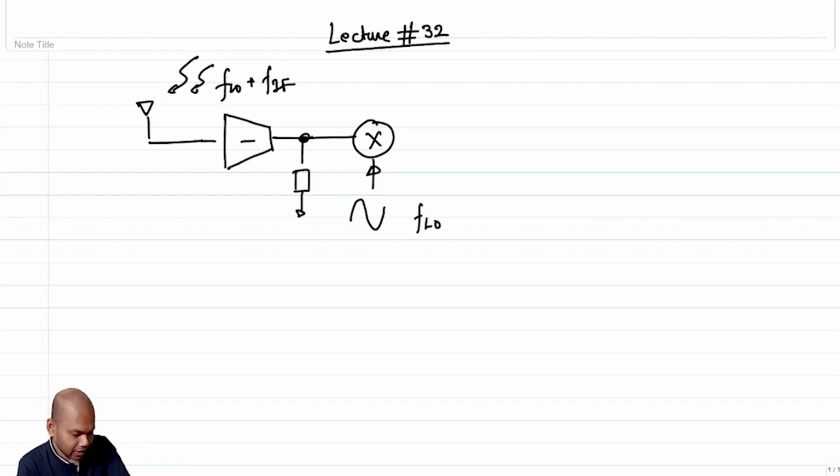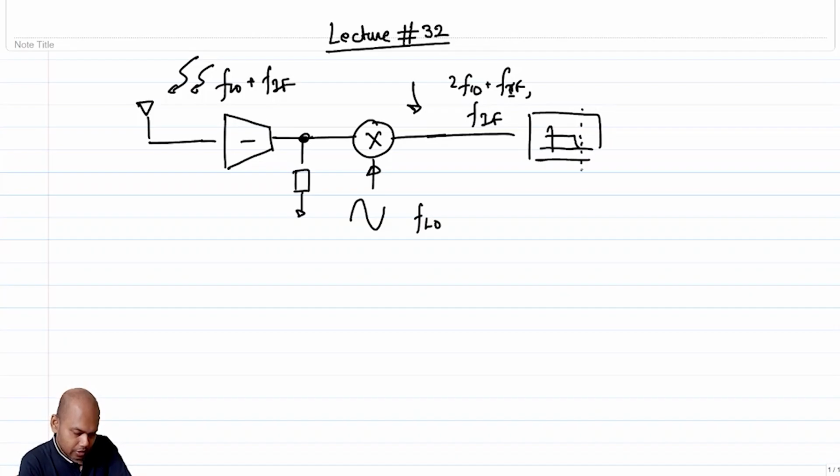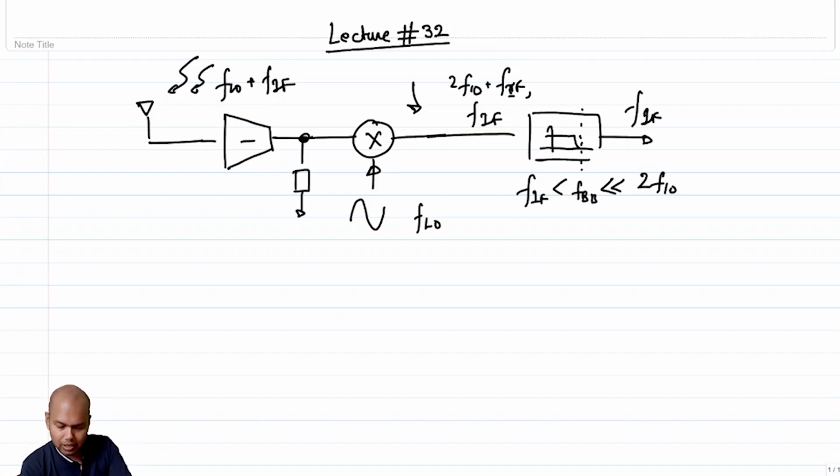Okay. So if that is the case, the output of the mixer should have components at 2FLO plus FIF and at FIF, and if I low pass filter it, such that the low pass filter's cutoff frequency is near FIF, just greater than FIF, but much less than 2FLO, then at the output you are only going to get a signal at FIF, which essentially is your radio receiver, at least the first stage of the radio receiver that we desire.